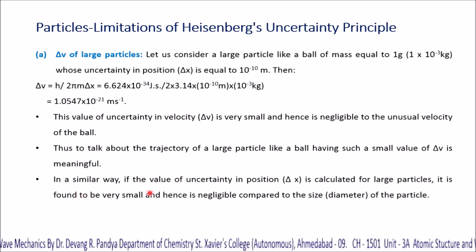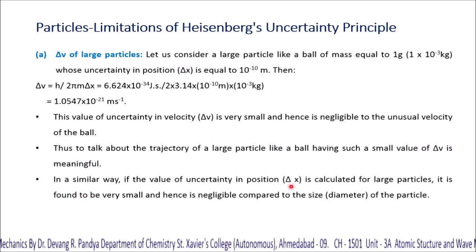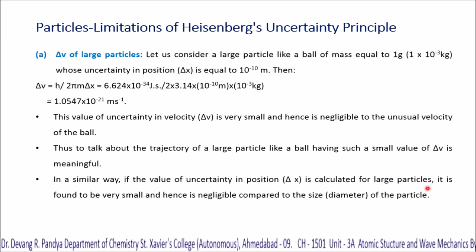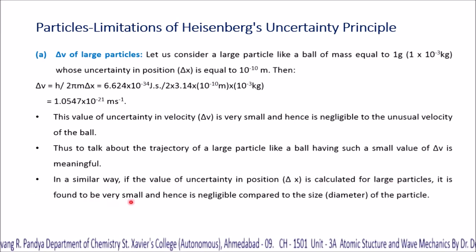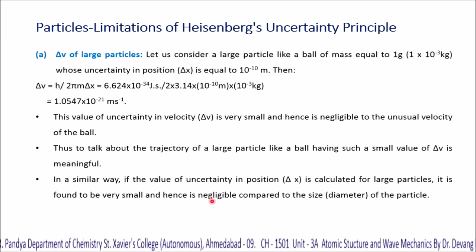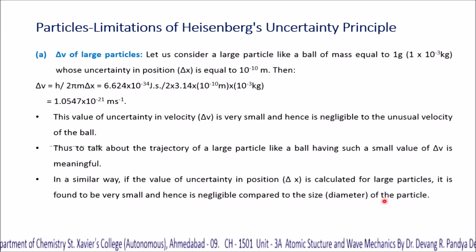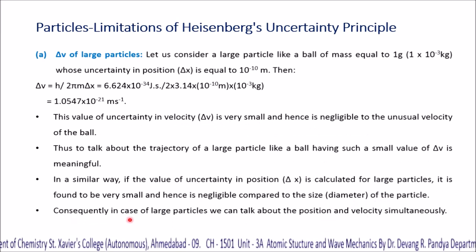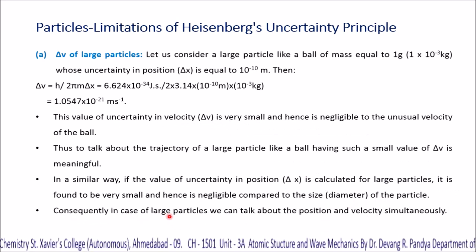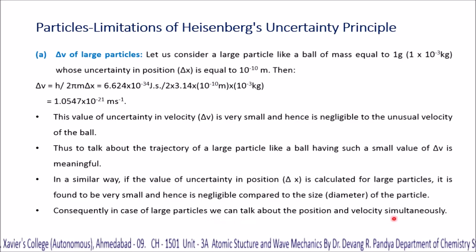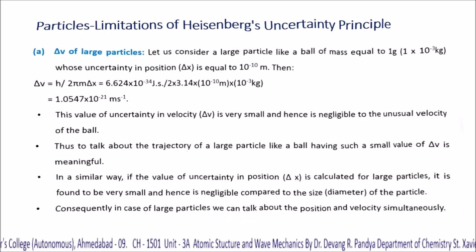In a similar way, if the value of uncertainty in position delta x is calculated for a large particle, it is found to be very small, and hence it is negligible compared to the size diameter of the particle. Consequently, in the case of large particles, we can talk about the position and velocity simultaneously.